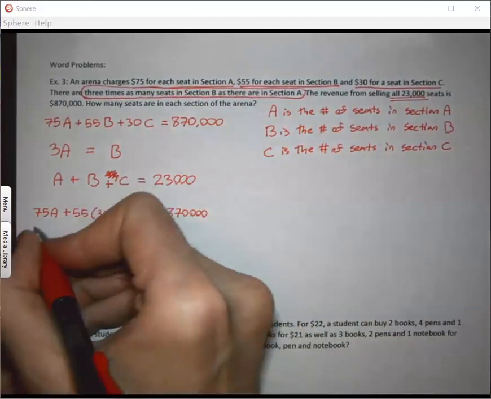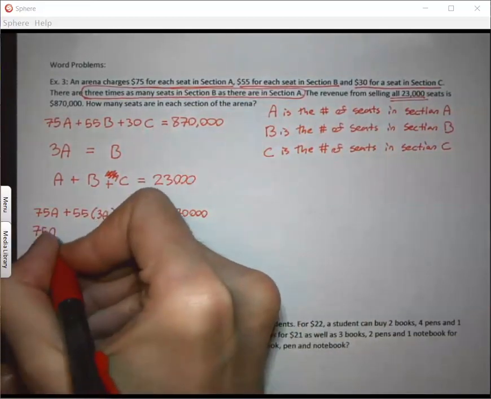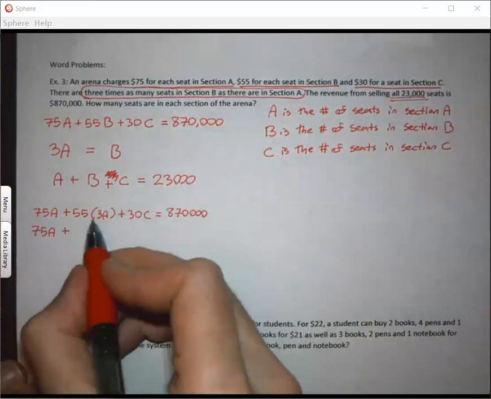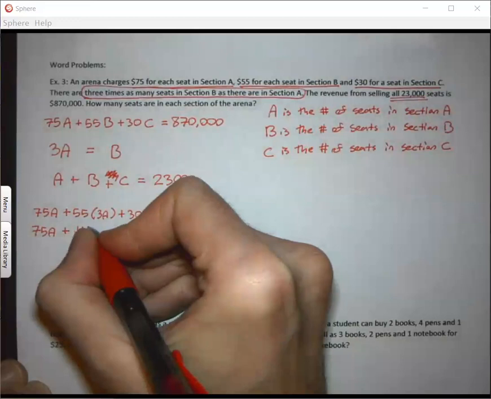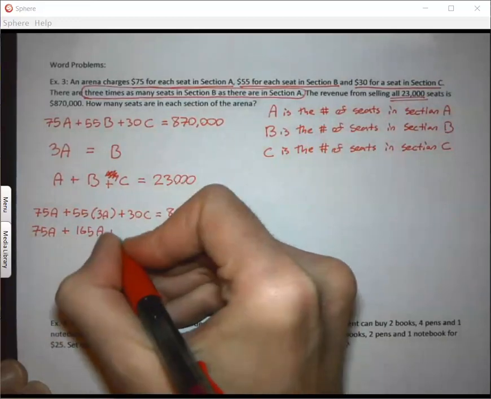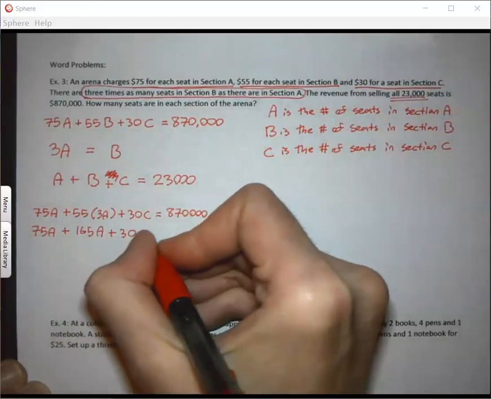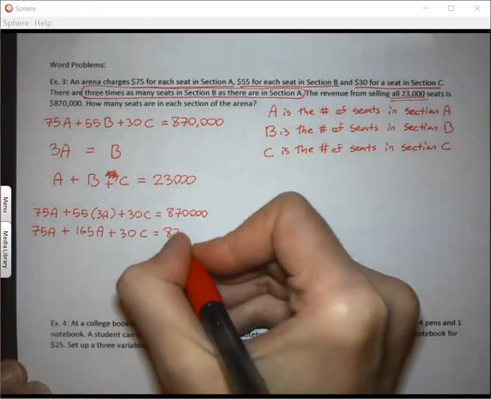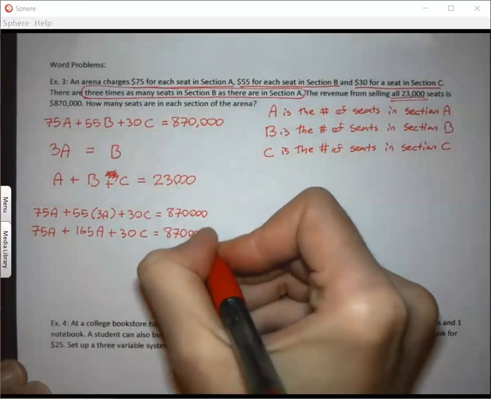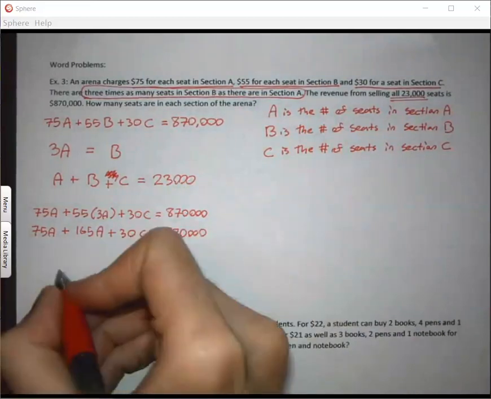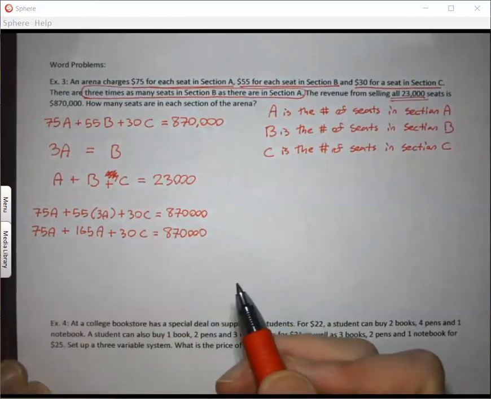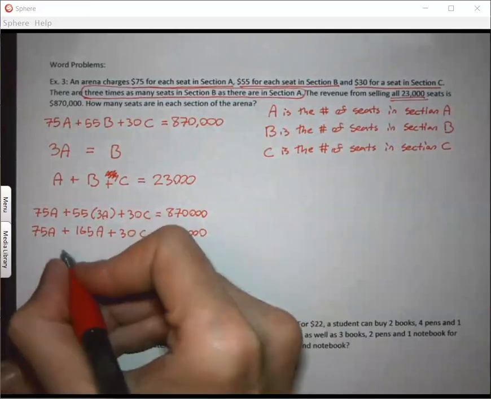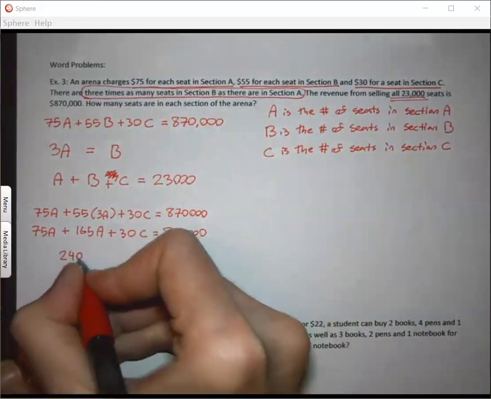Simplify. 55 times 3 is 165. Combine like terms. 75 plus 165, 240.